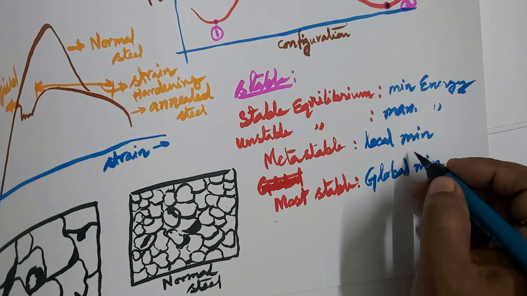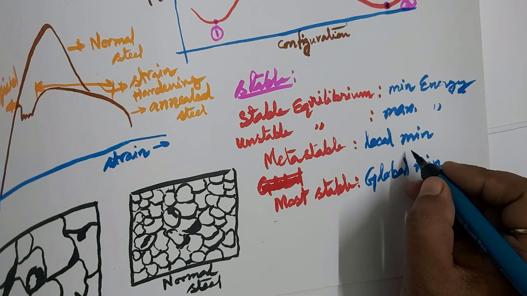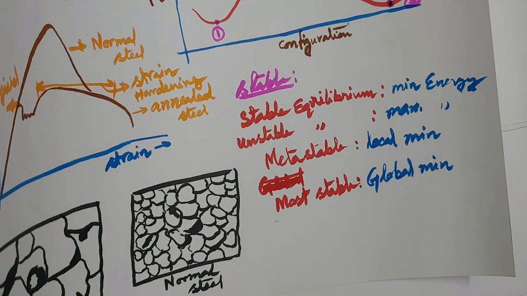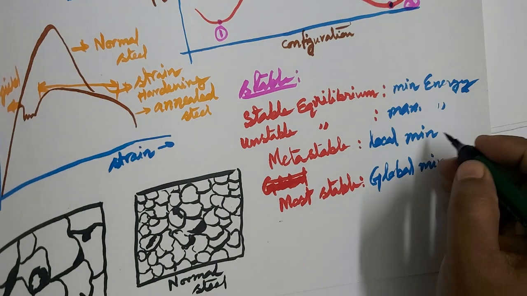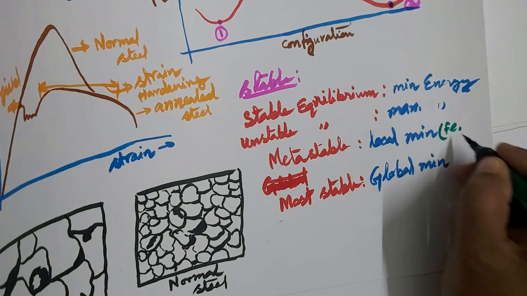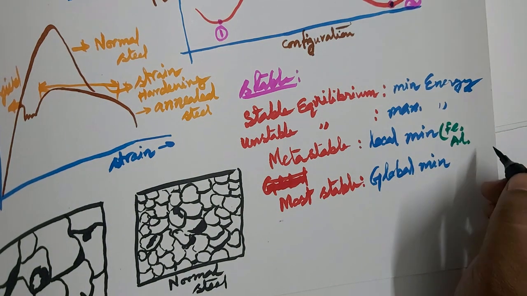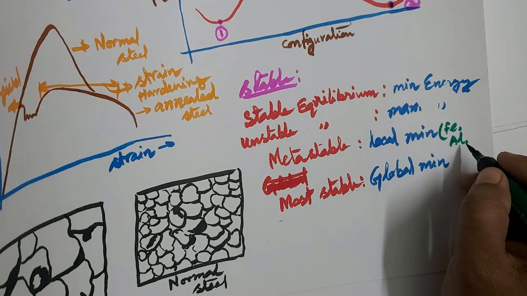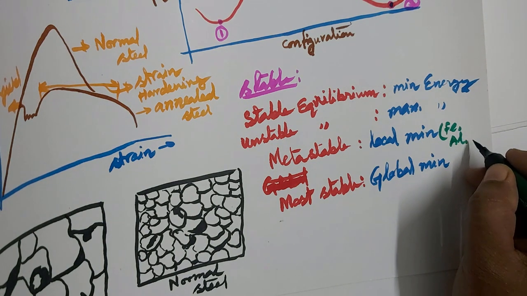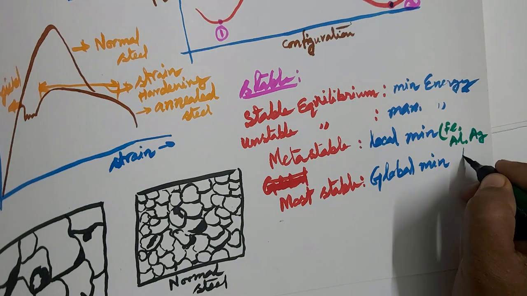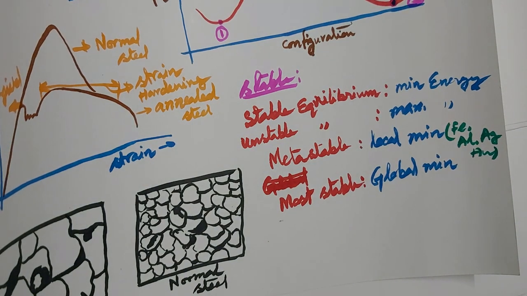So these are examples: pure metals like Fe, iron, then aluminium, gold, Ag, Au, all these metals in pure form.